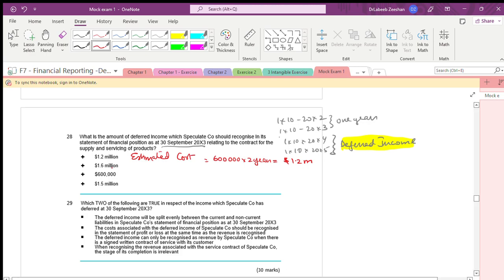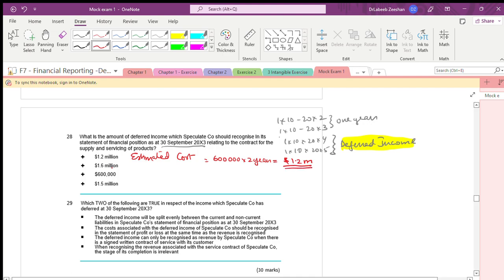Now what they say, it is 25%. Is it right? 25% means the profit. 25% is the profit. Fine.